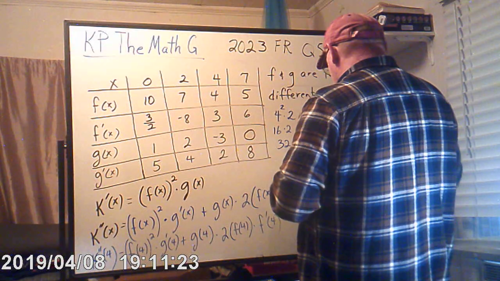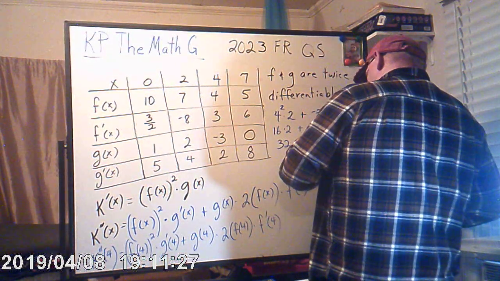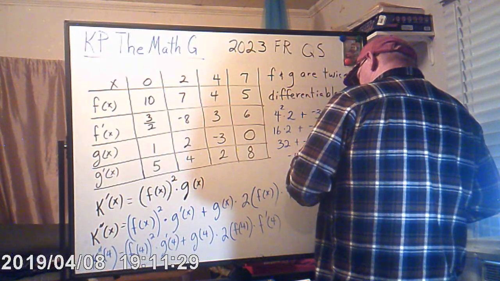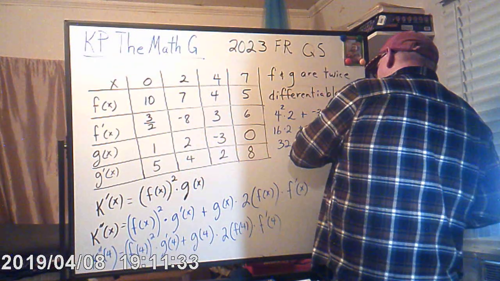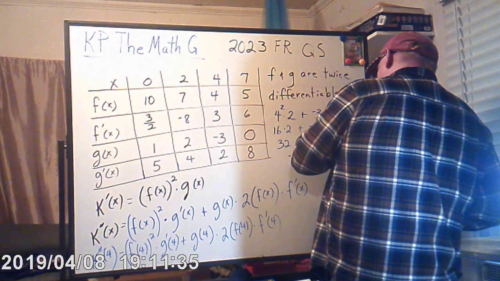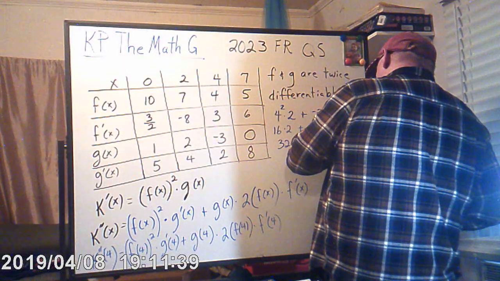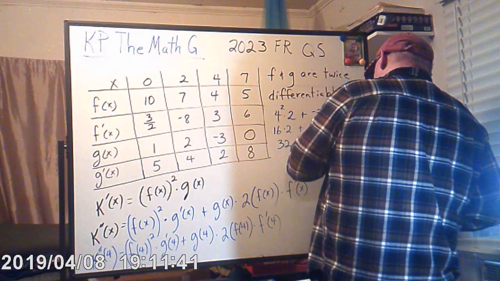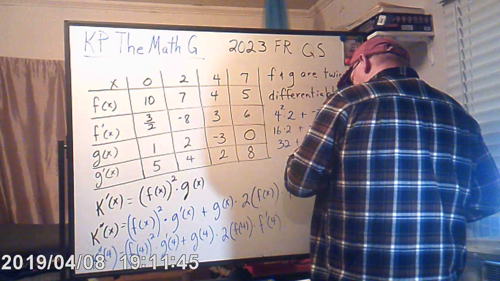So 3 times 8 is 24. I'm so sorry. That's negative 24 times 3. 3 4s are 12, 3 2s are 6, and 1 7. So negative 72. And I got that right.